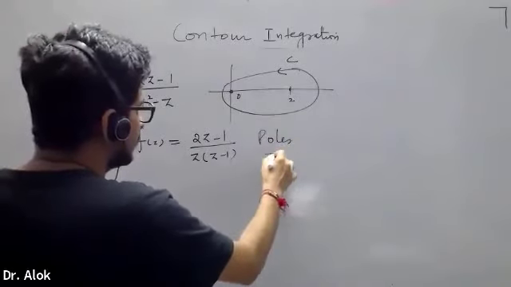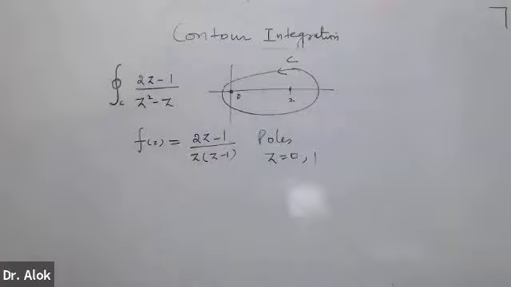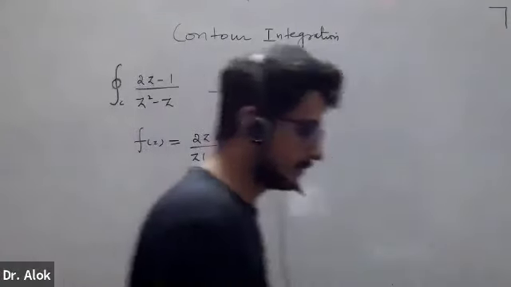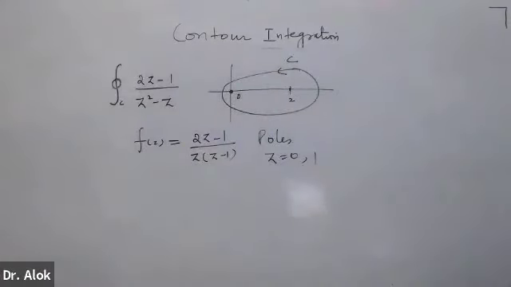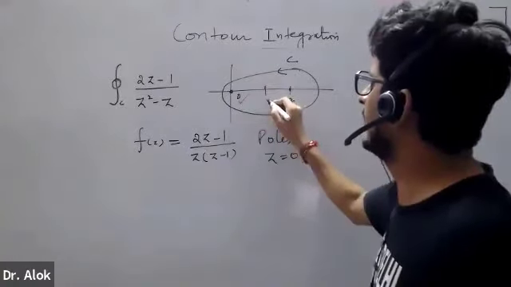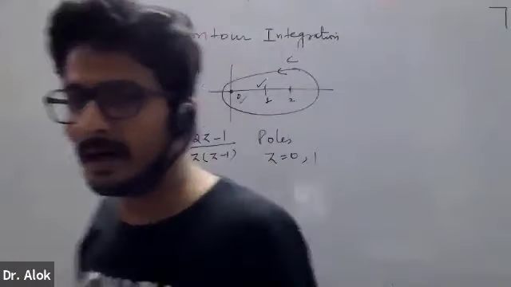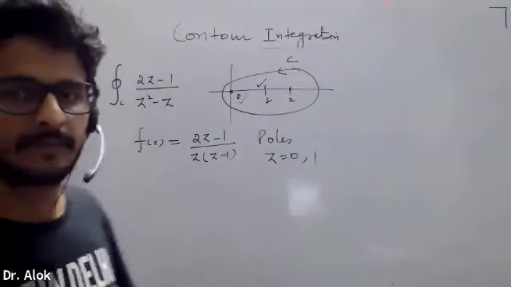Poles are 0 and 1. So which one of them will lie inside the contour? Both of them, because 0 is here and 1 will be lying somewhere here. So both of them are lying inside the contour.